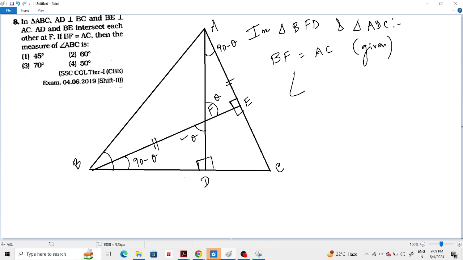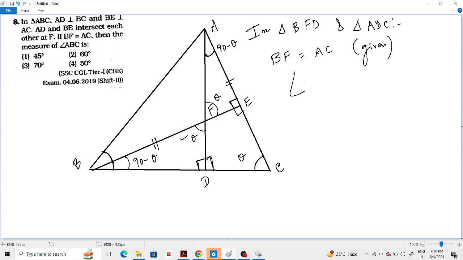Now in triangle ADC, this is 90 minus theta. This is 90. So this is going to be theta.